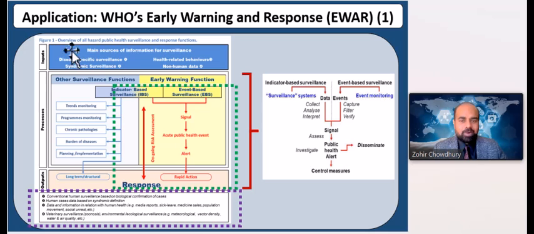Here we are depicting how WHO integrates the event-based surveillance system, which is an innovative process, a next generation surveillance system, into the more traditional indicator-based surveillance system, which already exists in most countries, in all developed countries and in most developing countries as well.